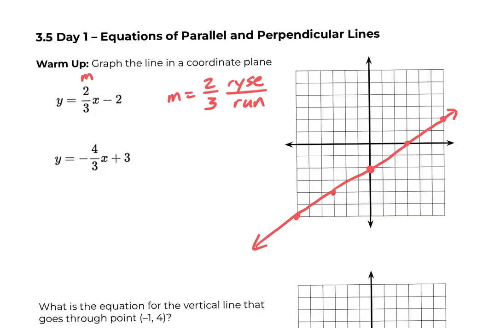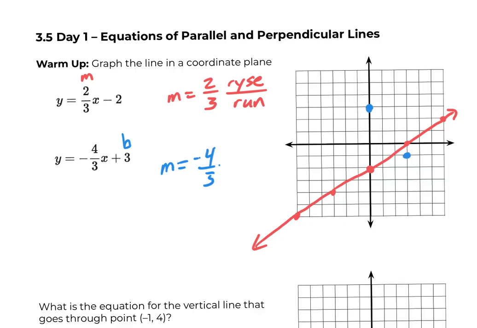Okay, on the next one, we're going to start at 3. This is our y-intercept. So we're going to go up 3. And then from that point, we're going to go down 4, because our slope is -4 over 3. So we're going to go down 4 over 3.